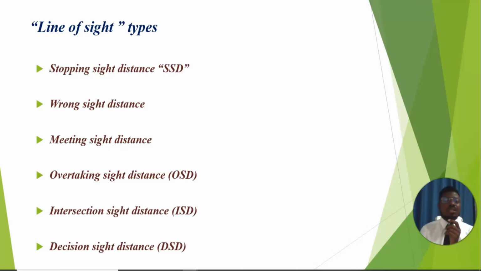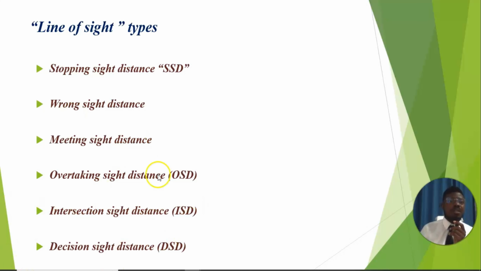So the meeting side distance is the distance required by drivers of two vehicles moving in the opposite direction to bring their vehicles to a safe stop after they have seen each other. The moment they can sight each other, the shortest possible distance for them to bring their vehicles to a halt is what we call the meeting side distance.